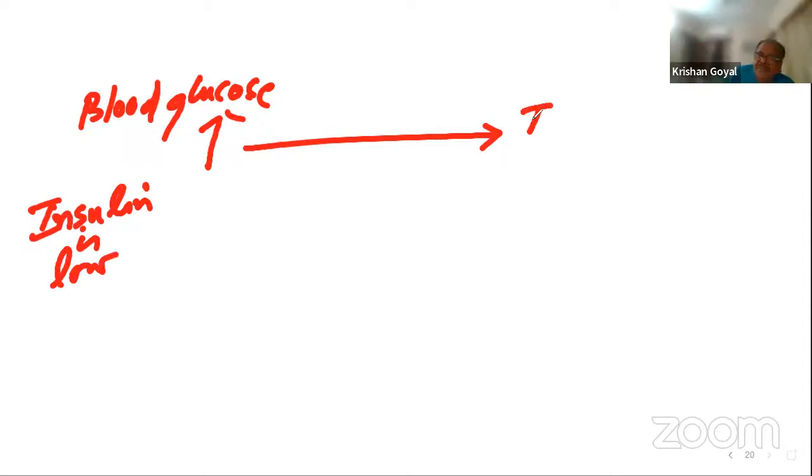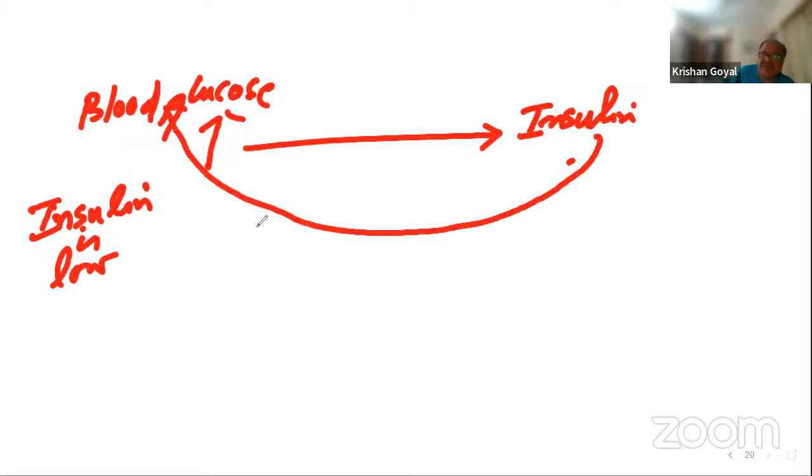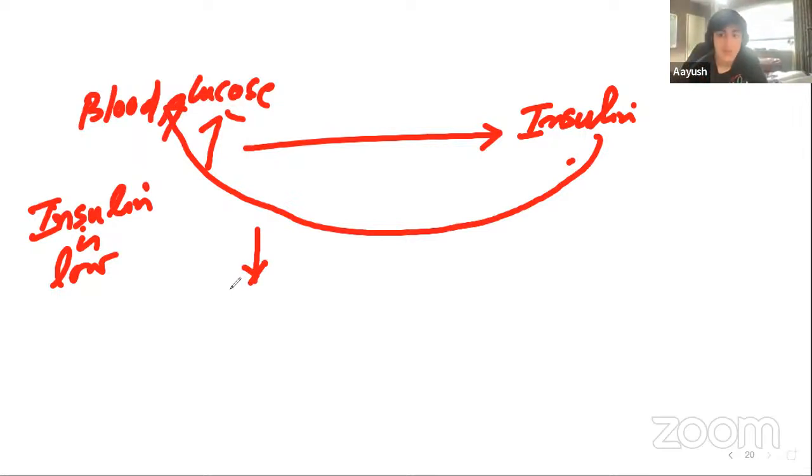Suppose we give a patient insulin in any way, immediately the blood glucose level will decrease. We have come to the normal. This is the negative feedback. Glucose had increased, but we have decreased it with this.